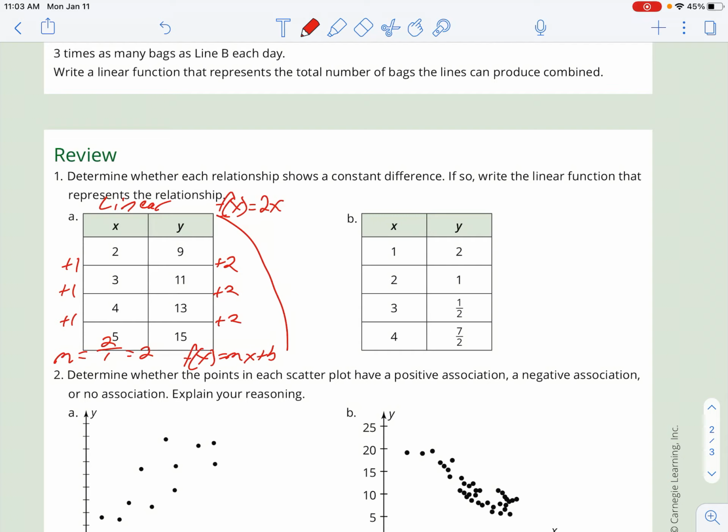So to go backwards, I'm at x = 2 and I want to get to 0, so I need to go to 1, then 0. Going backwards by 2, it'd be 7, and then 5. So the y-intercept turns out to be at (0, 5). That completes my equation of 2x + 5.